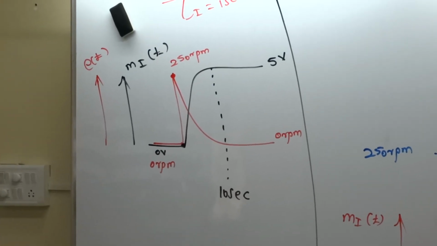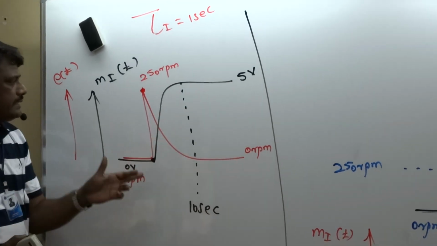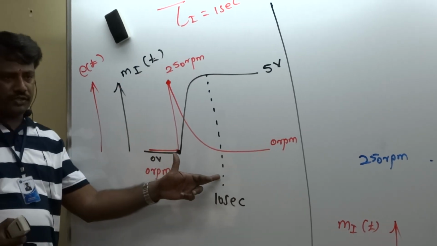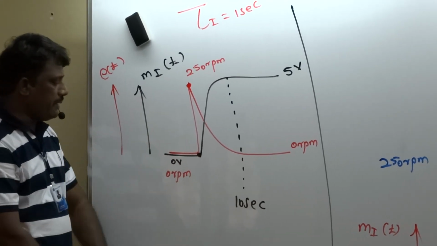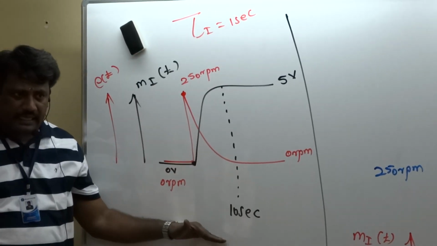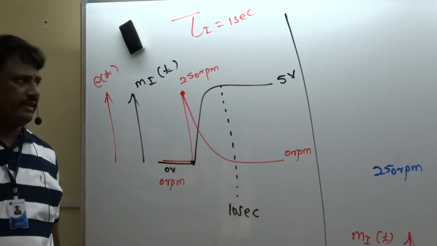So the integrator available in the loop keeps on adjusting its output signal till its input signal, which is a function of error, becomes 0. This happens when tau I equal to 1 second, at 10 times tau I, which is 10 seconds, as per the signals evaluated.